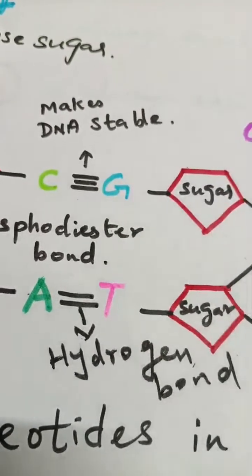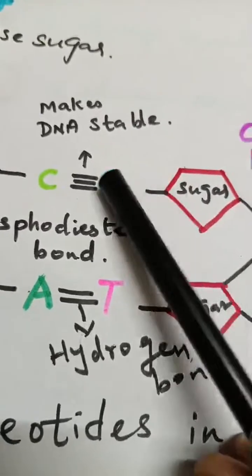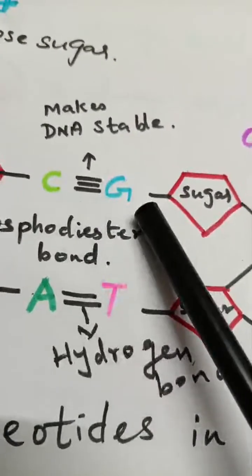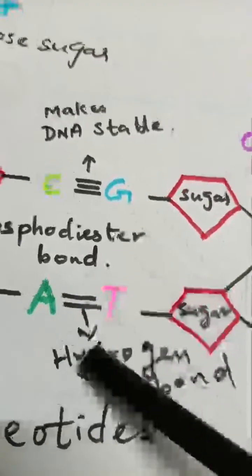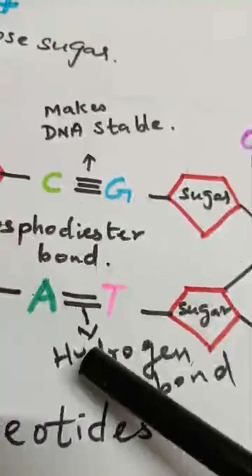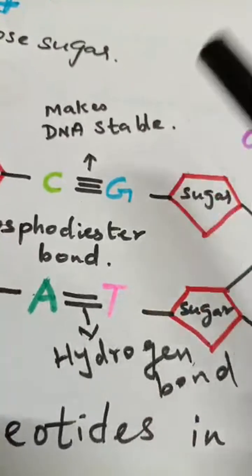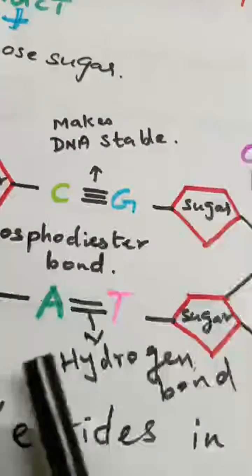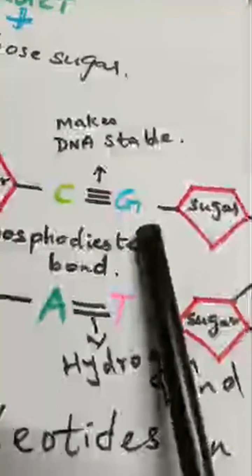so that we will see the answer for stable. So Watson and Crick said that due to the presence of this hydrogen bond between the cytosine and the guanine, and then adenine and the thymine, they are linked with each other with the hydrogen bond. That hydrogen bond makes the DNA more stable. Clear? And then always adenine will be pairing with thymine, and cytosine will be pairing with the guanine.